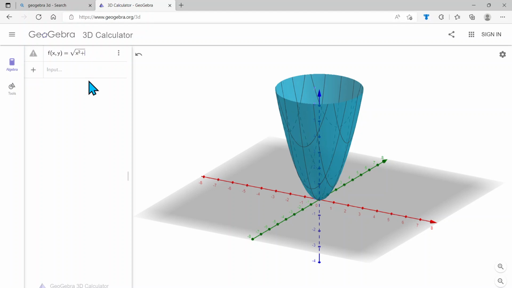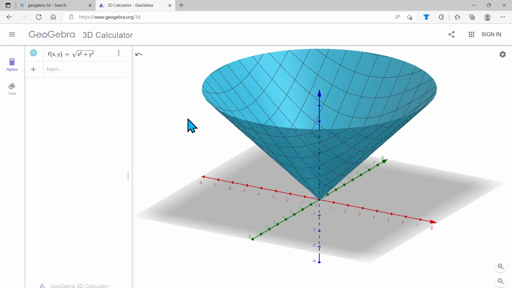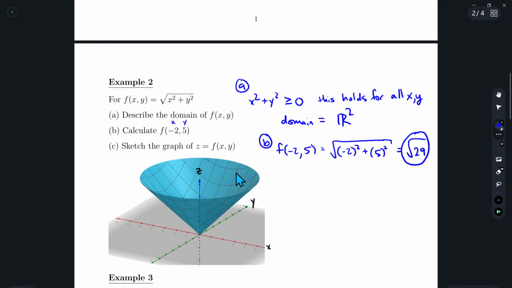So plus y squared, and I make sure the whole thing is inside the square root, and now I hit enter, and you can see that the new graph here is exactly this diagram that I have on the page.